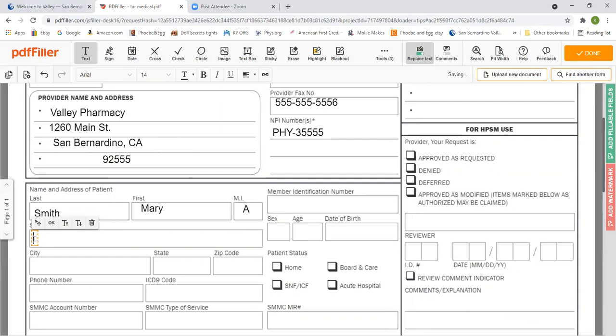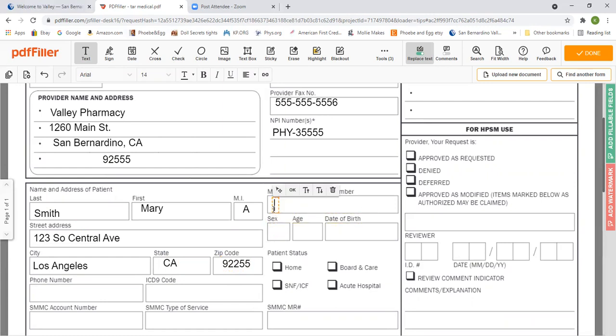Now we need her address. Use the one that's on your assignment.